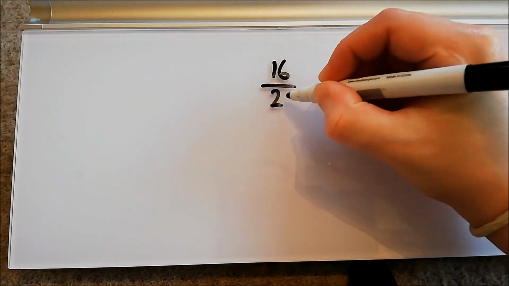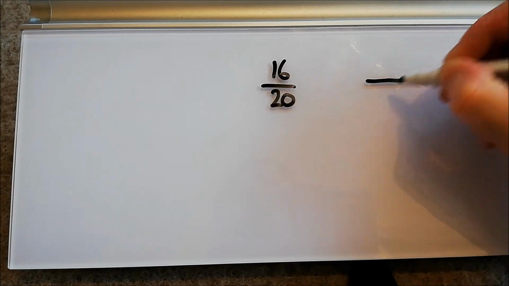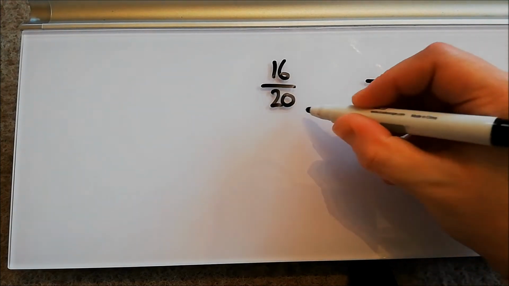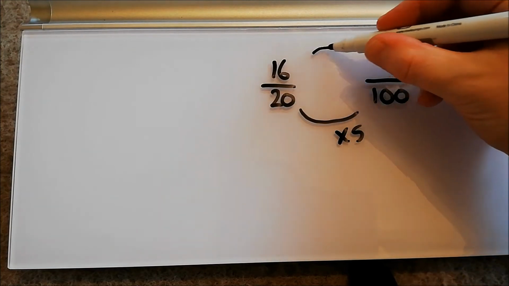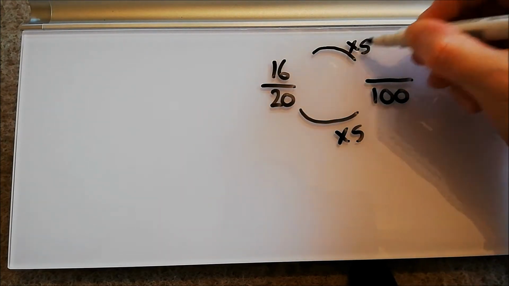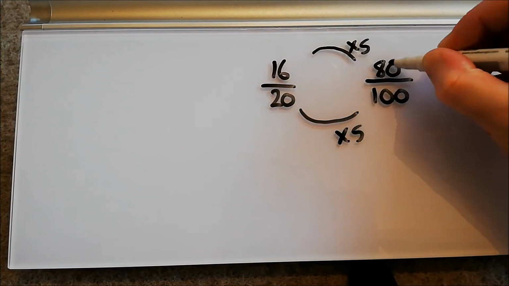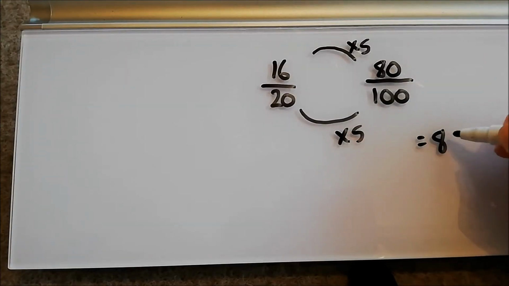And then put method 1 non-calc. Well, we have 16 students out of a possible 20 do their homework on time. So if we times 20 by 5, we get 100. So if we times 16 by 5, we get 80, which is another 80% answer.